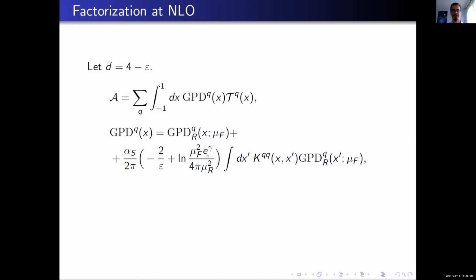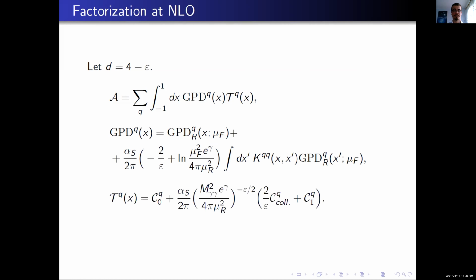Mu f denotes the factorization scale, mu r is the renormalization scale, gamma is the Euler constant, and this is proportional to the integral of GPD times the so-called evolution kernel. And the hard part can be written in the following way, with the leading order contribution and the higher order part, with CQ1 being finite and the divergent term proportional to CQ collinear.